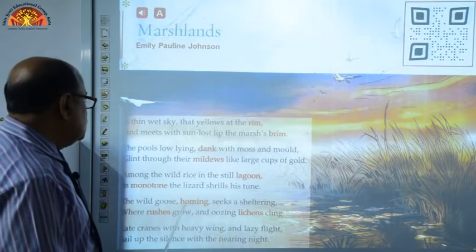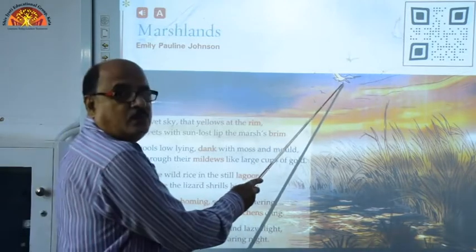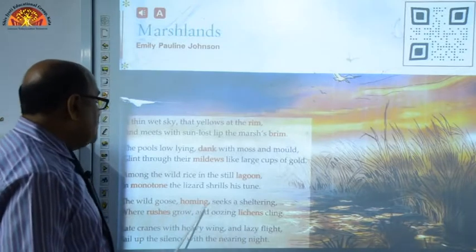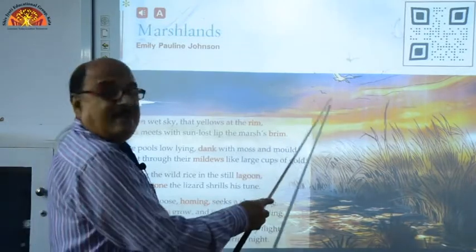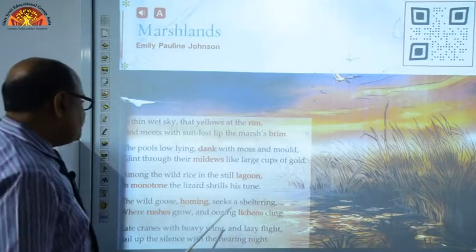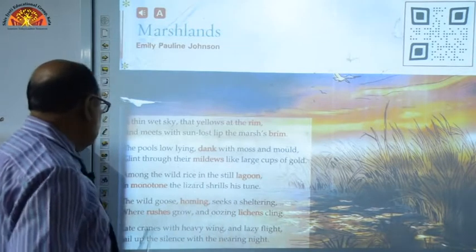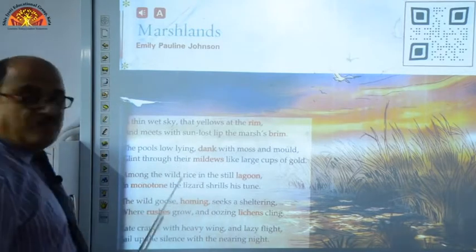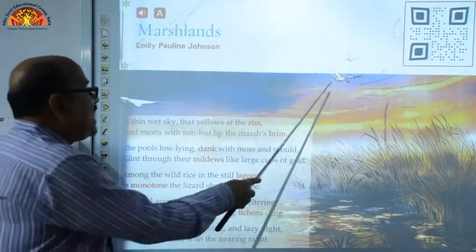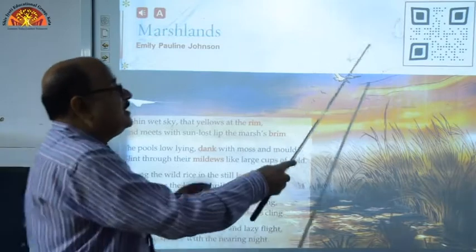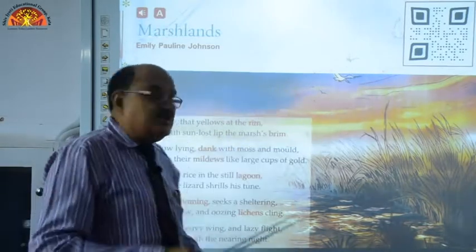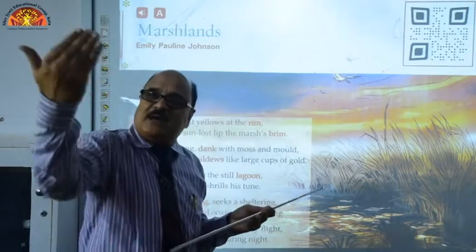The wild goose, this I told you, wild goose, this is a bird. So, the wild goose homing, it is coming back home, right, seeks a sheltering where rushes grow and oozing lichens cling. Very interesting. Evening hours are there, dusk hours, twilight time is there, the sun has set and night is about to come.